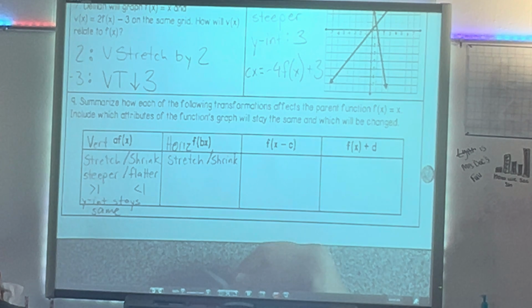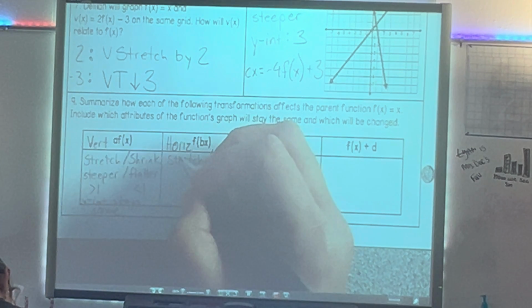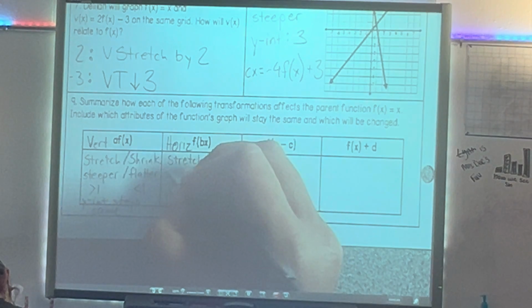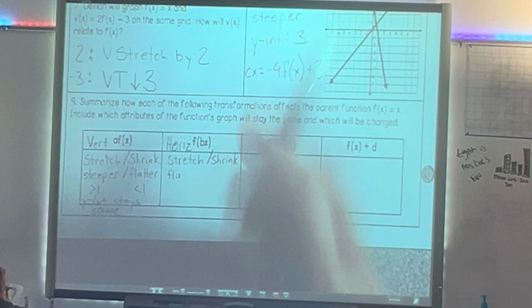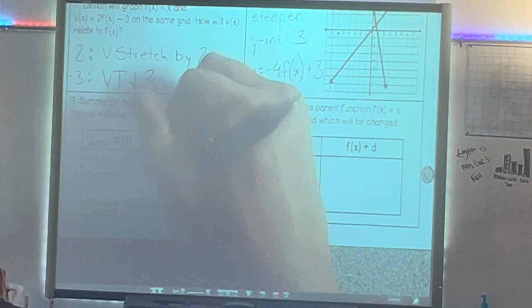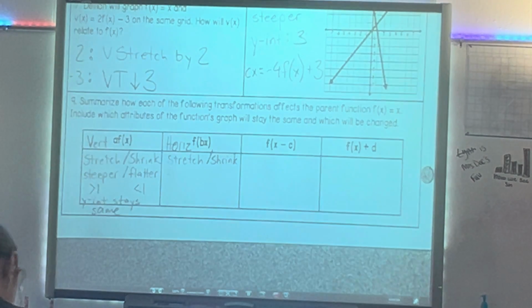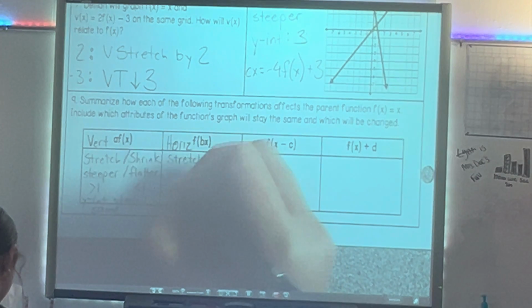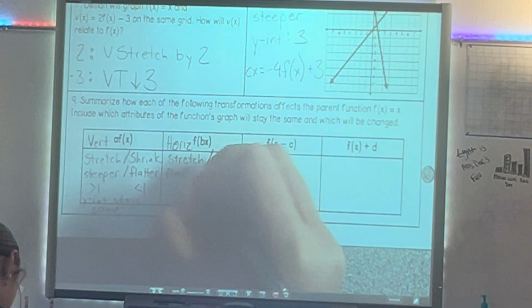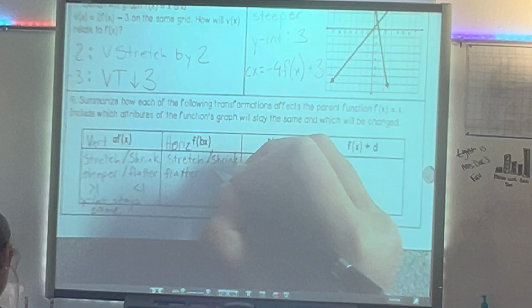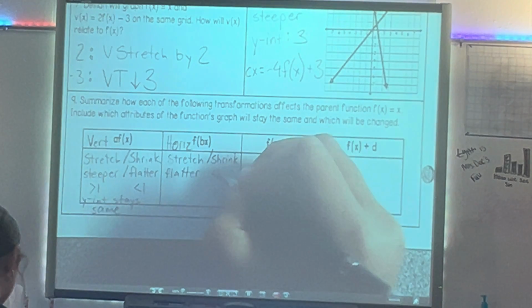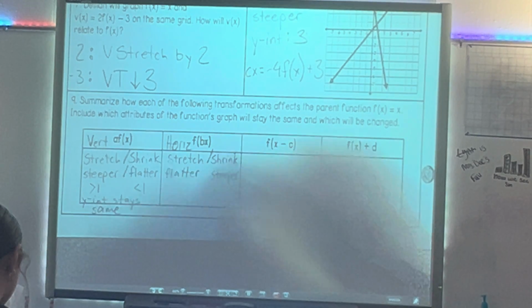It also makes it steeper or flatter, right? In this case, my stretch is actually flatter and my shrink is steeper, because they're opposite, right?